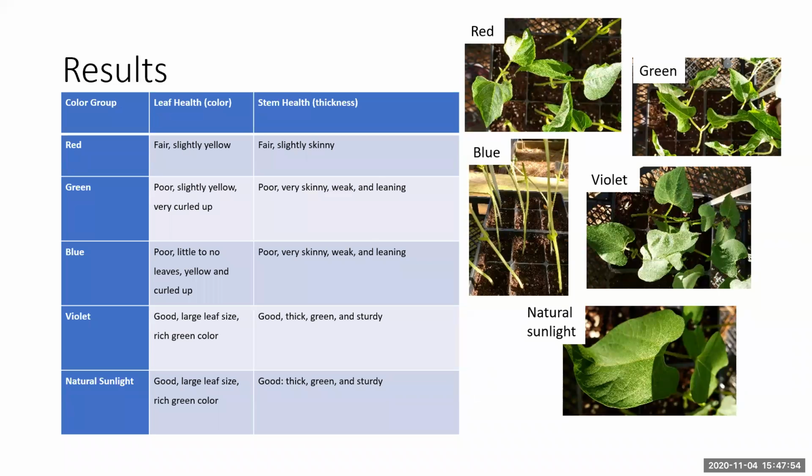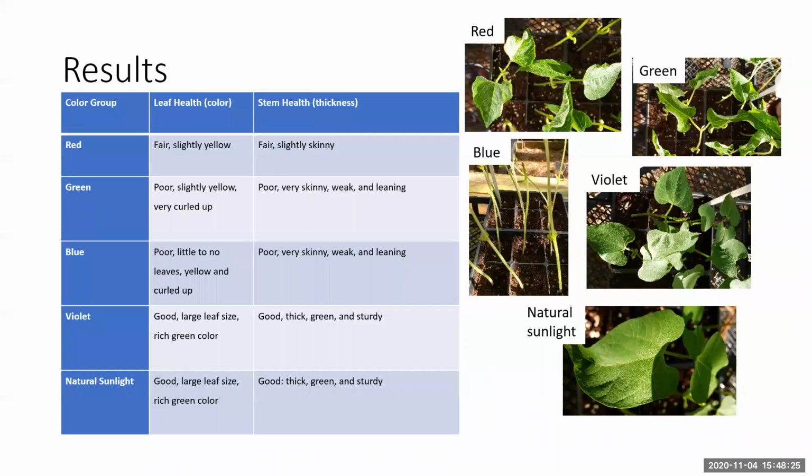The health of the plants and stems was also evaluated using qualitative data. The red plant group showed fair leaf health and stem health. The results for the health of the stem and leaf went hand in hand, so for the red group, they both had a fair rating.